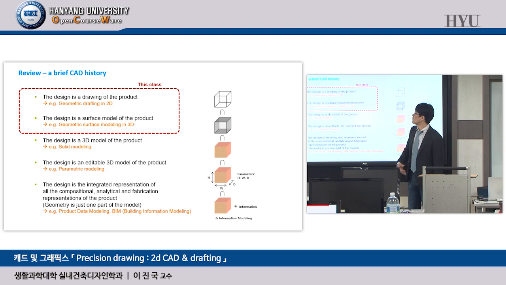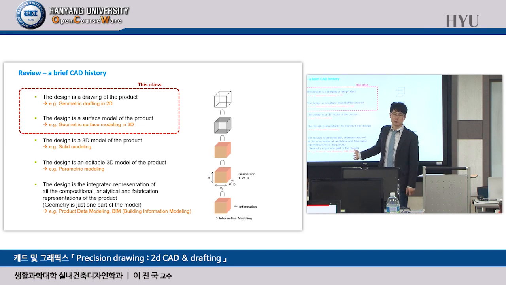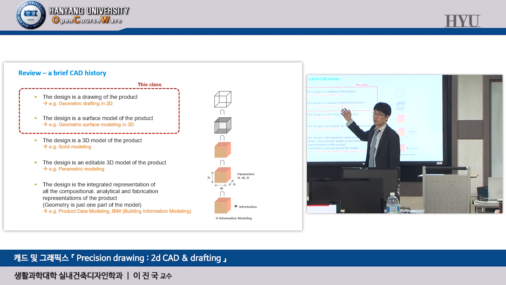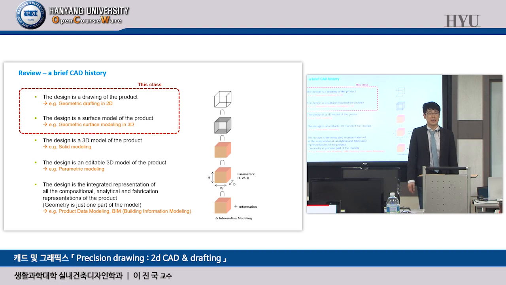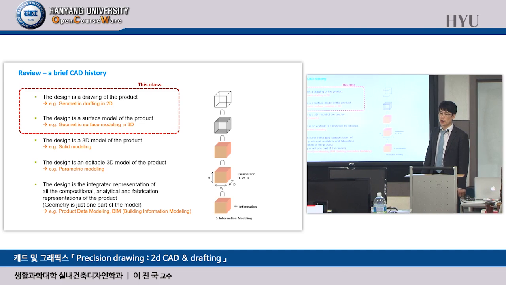In a nutshell, elementary school level CAD, okay, in terms of CAD history, then middle school level, high school level, university level, postgraduate level, okay, the most advanced one. So unfortunately, this class is dealing with elementary and middle school level from the perspective of CAD history, okay.